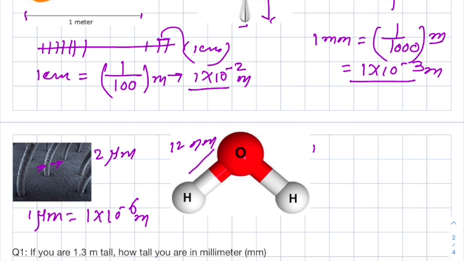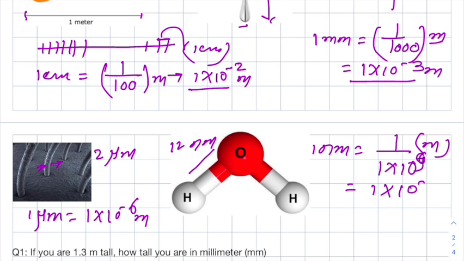That equals 1 nanometer equals 1 over 10 to the 9 meter, which is 10 to the negative 9 meter. So this is the scientific notation of expressing the nanometer.